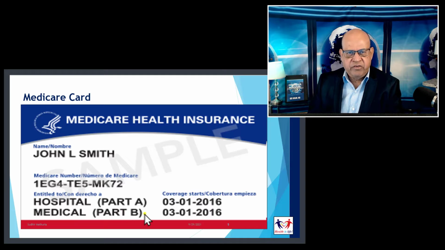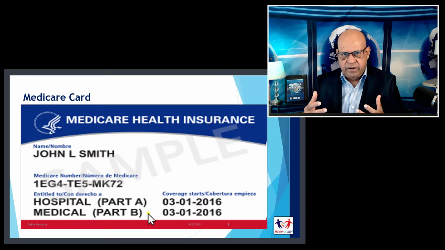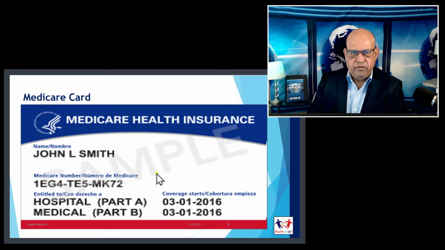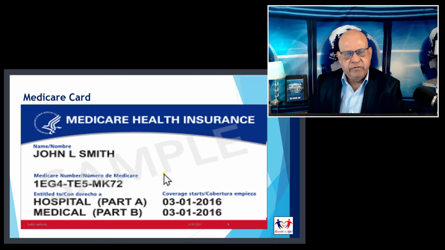Medical Part B is the one that pays for medical services received in doctor's offices or when you get x-rays and other tests. Even if you switch over to a Medicare Advantage plan, you're recommended to keep your Medicare card so that in case you change over to Medicare from an Advantage plan, you have your Medicare already available.